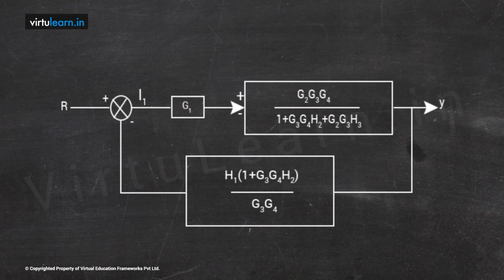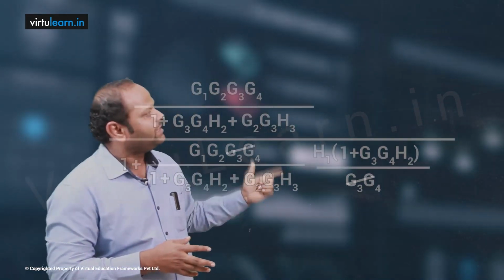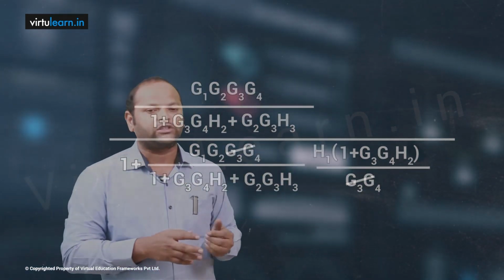After adding these two parallel paths, in this feedback I have H1 already available, and this is nothing but H2 plus H2 G3 plus 1 divided by 1 plus G3. In this feedback we can multiply, and the forward gain is already there. So from these two, I will get the overall transfer function.